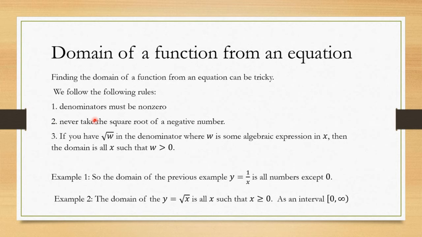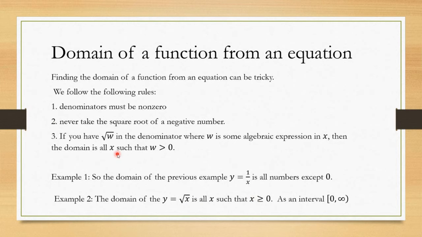You never take the square root of a negative number. Since we're not dealing with complex numbers, you never take the square root of a negative number. In other words, if you have the square root of something, I have an example down here, we'll see some today, if you want the domain, you want to figure out when the radicand, what you're taking the square root of, is non-negative.